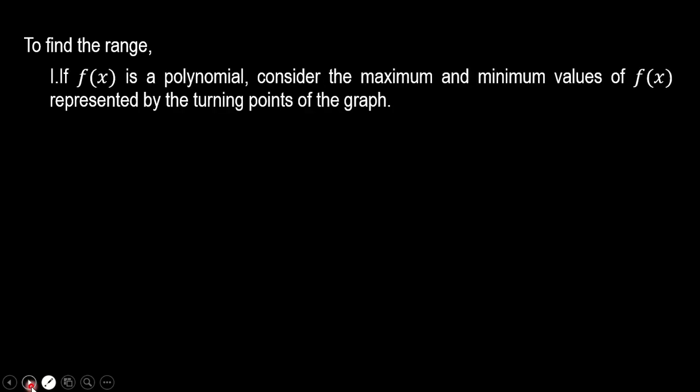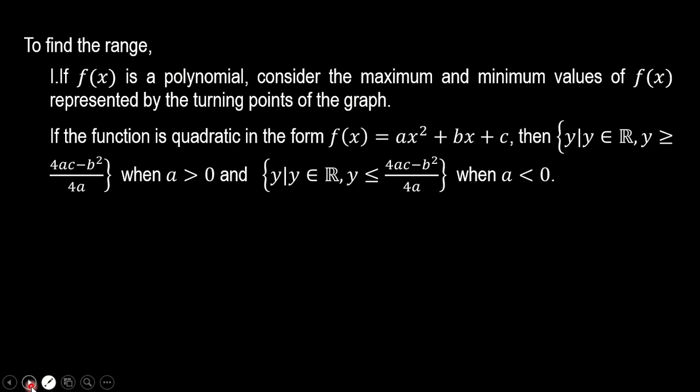To find the range, if the function is a polynomial, consider the maximum and minimum values of the function represented by the turning points of the graph. Let's say we have a quadratic function.